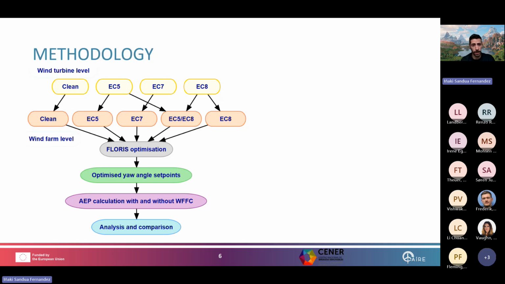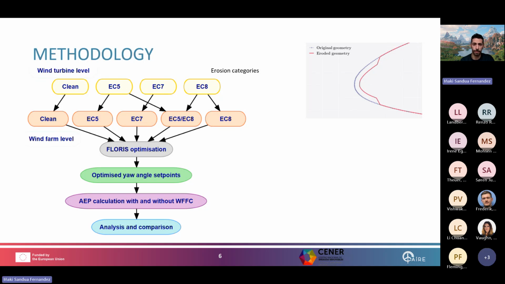The first one is to define the erosion categories. In the IEA project, several erosion categories have been defined, but in this study, we have just used 3 of them: erosion category 5, which represents low erosion, 7, which represents medium erosion, and 8, which represents high erosion.